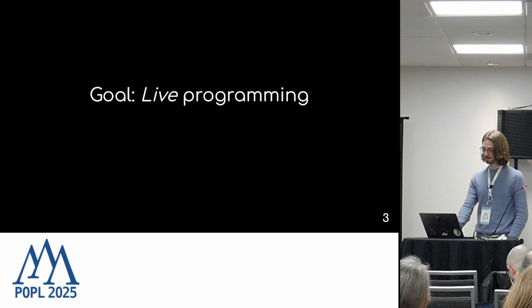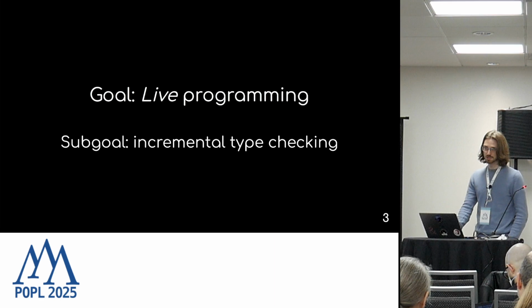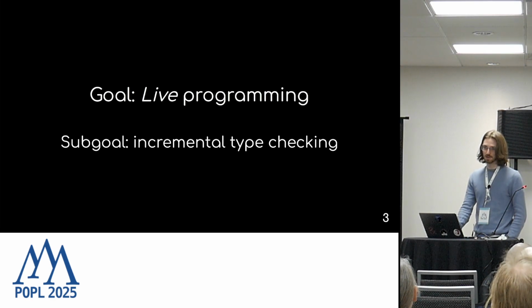That's programming with continuous feedback of some kind. And people have talked a lot about what exactly this is, why it's desirable, how to achieve it. But today we're just going to focus on a concrete sub-goal, which is incremental type checking. And that is maintaining typing information while you're editing the program without having to retype check from scratch every time.